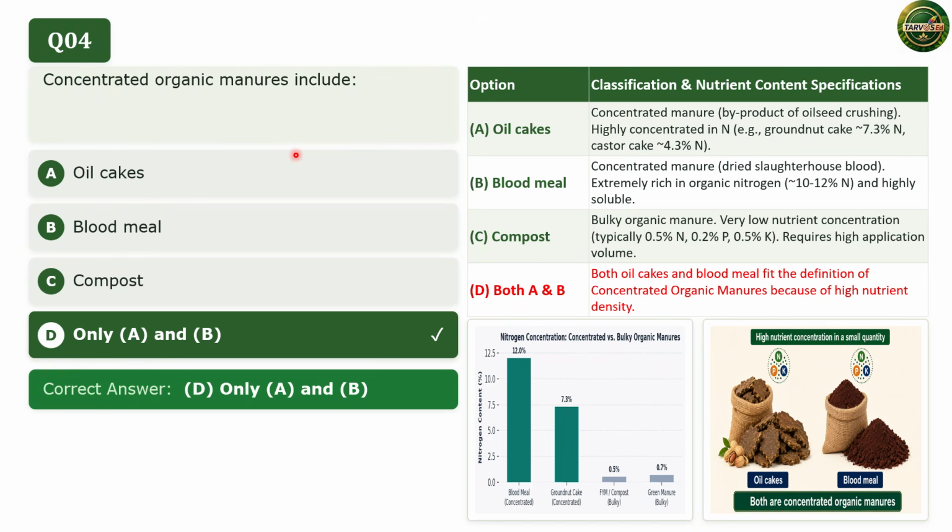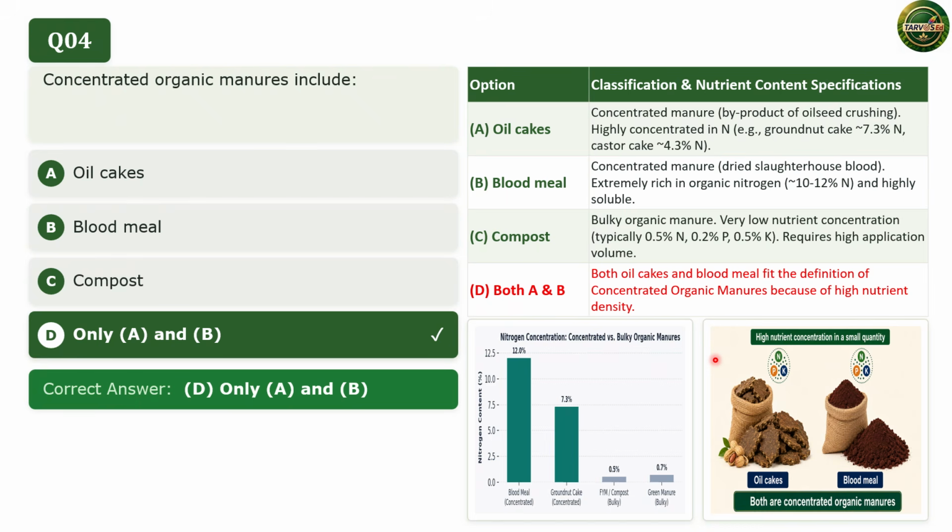For example, FYM, compost, green manures, etc. In case of concentrated organic manures, they have high nutrient concentration per unit mass. So a small bag will be enough to get a large amount of plant nutrients. For example, all the cakes and meals. Cakes are of plant origin.